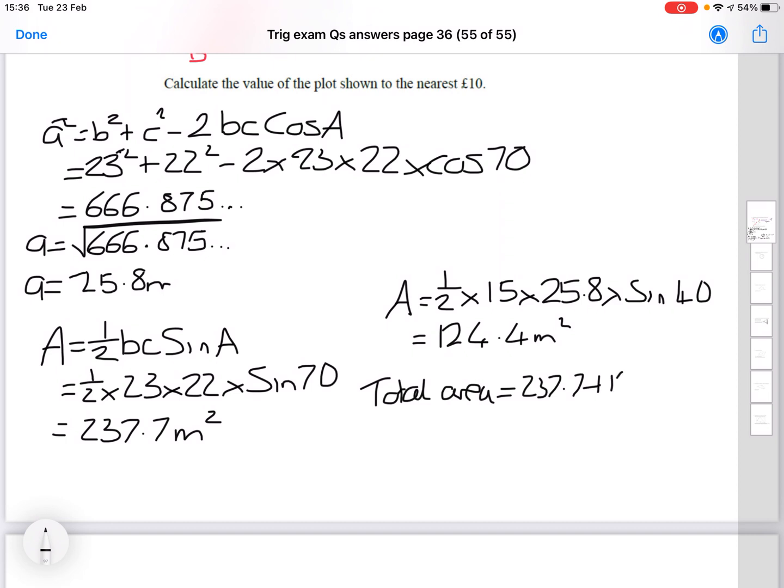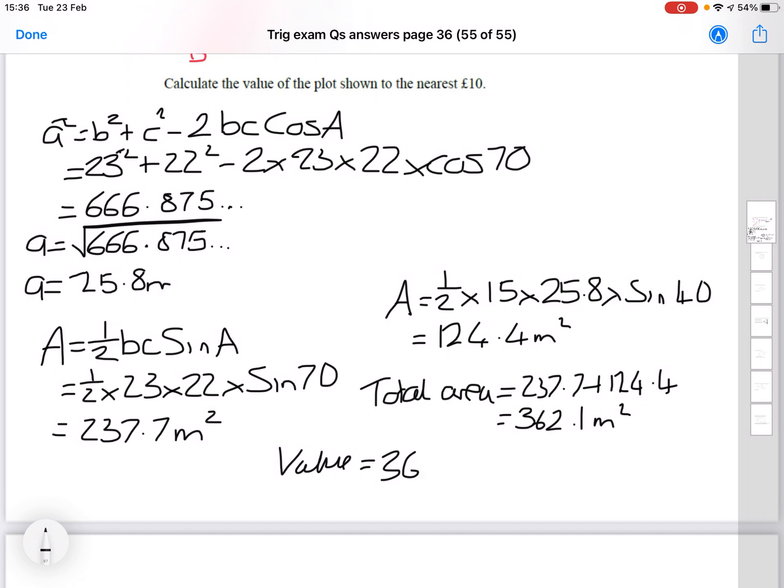So total area, we would add these two together, so 237.7 and 124.4. So your total area here is 362.1 metres squared. So you were asked for the value. The value we were told was £280 per square metre.